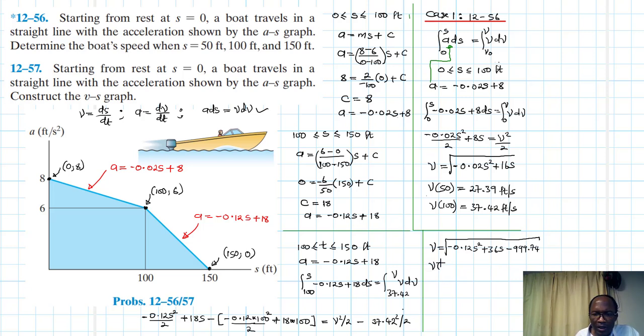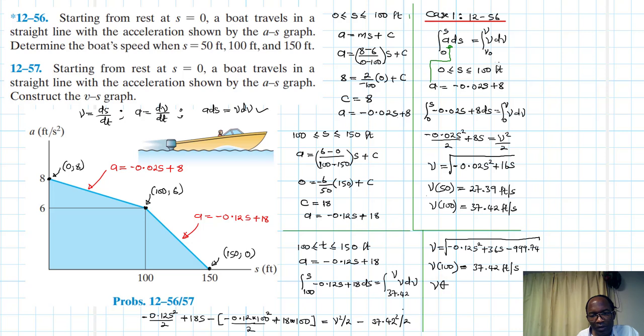Right, let's check it at s equal to 100. That's a boundary there, supposed to get a similar value. So minus 0.12 by 100 squared plus 36 by 100 minus 99.74, square root of this, we have 37.42 feet per second.